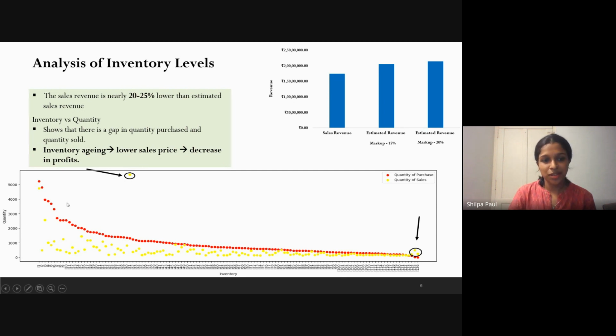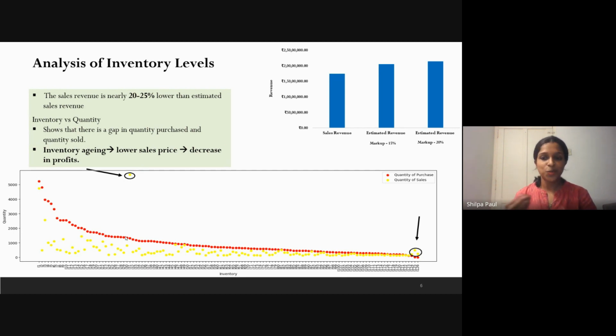For some of the inventories, the sales quantity is much higher than the purchases. That is quite an anomaly, and when you compare the entire set of inventory, there were quite a number of them. So why was this happening in the data that was stored? This was looked into further and discussed with the people who work and count the inventory in the warehouse.